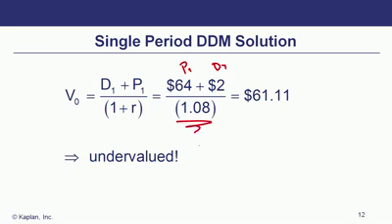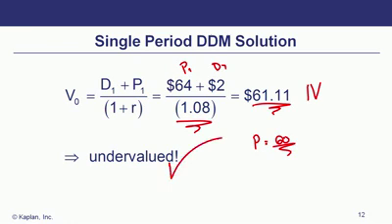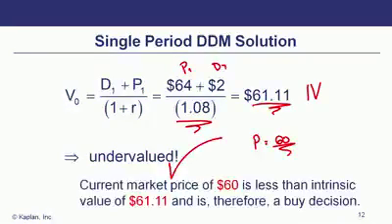Discount back by 1 year, that's 1 plus R, 8%, gives us $61.11. That is our estimate of the intrinsic value. Well, remember, the market price was 60. We think it's worth 61.11. We can buy it for 60. It is indeed undervalued. So current is 60, intrinsic 61.11. We would buy.